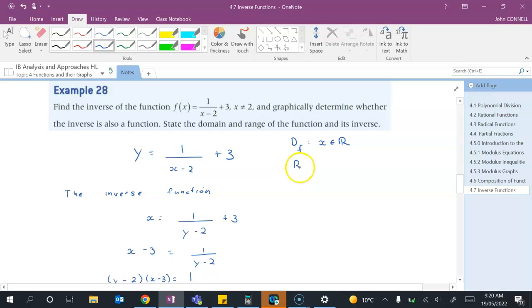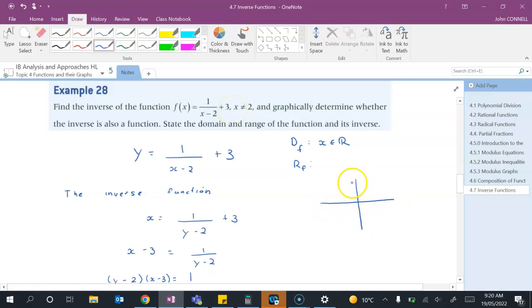Now the range of f, well, the range of f is a little bit harder. But if you think about it, as x goes to positive or negative infinity, 1 on x is going to go to 0, and so the graph is going to approach 3.